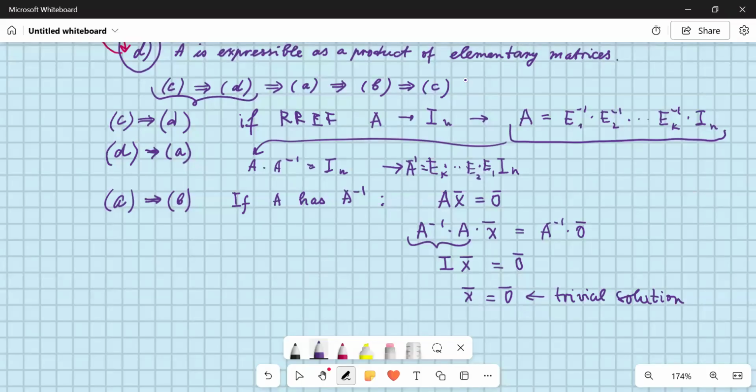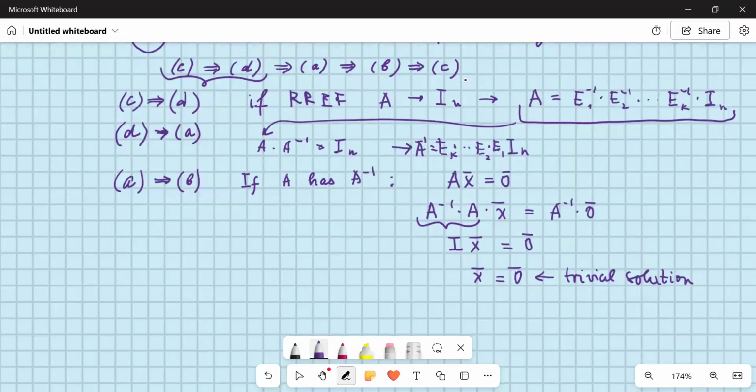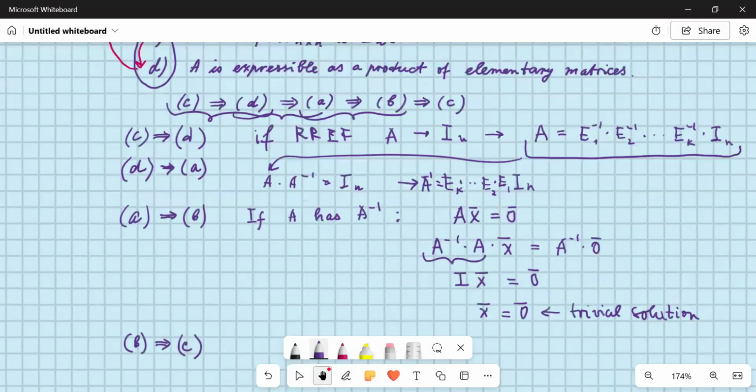So the last step we have to do is to prove that from B follows C, right? To finish our circle. So we proved this, we also proved this, and the last one we are doing is B implies C. Okay, so what does B tell us?